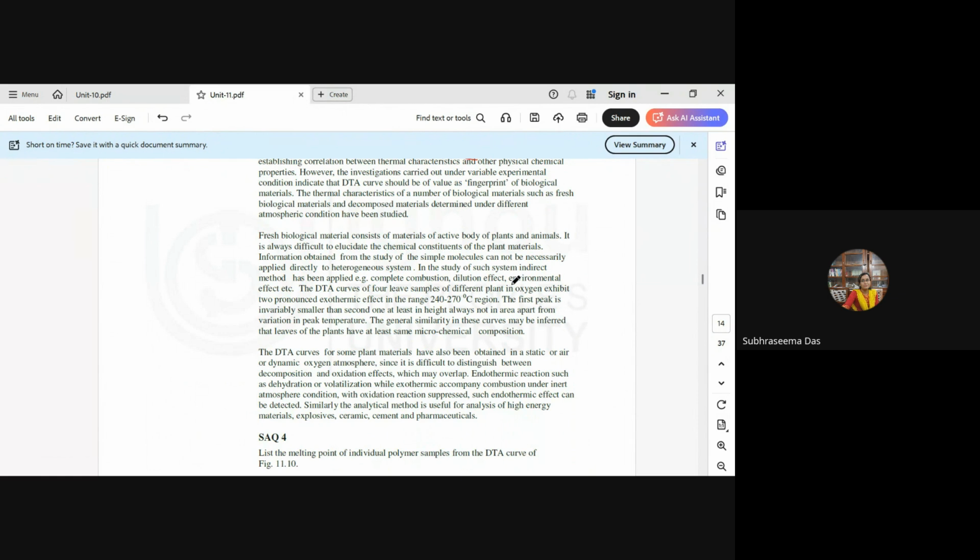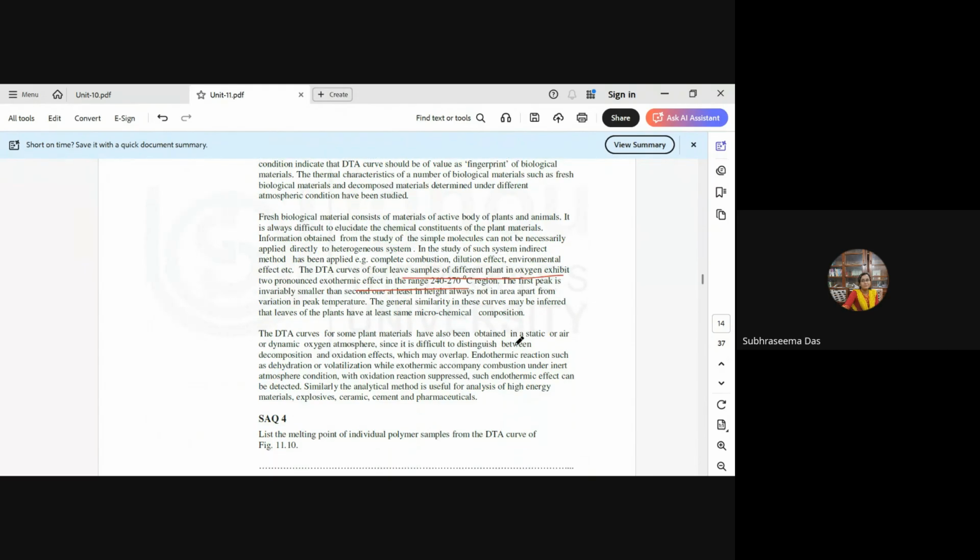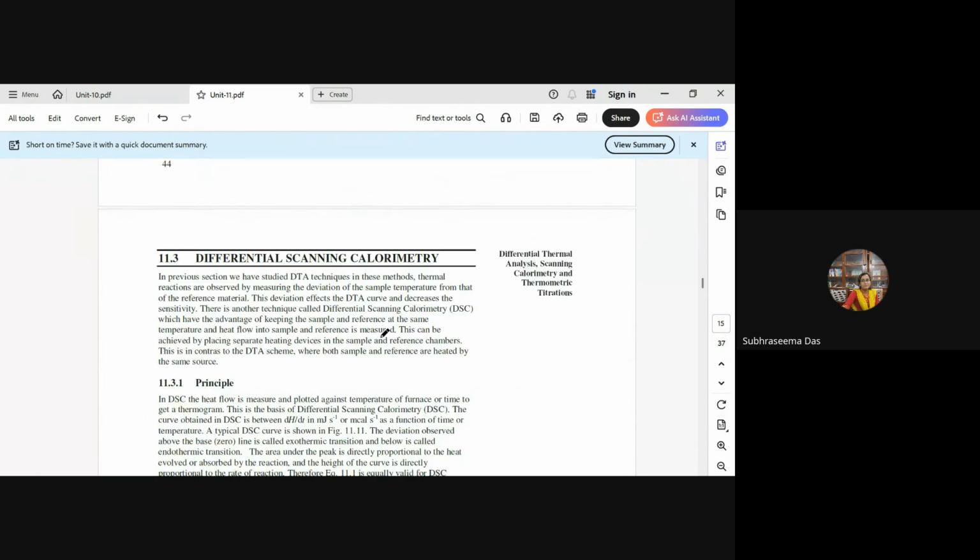DTA curves of 4 leaf samples have been shown. They have found out the amount of oxygen that is taken up by different amounts of leaf samples. Then DTA of plant materials has also been performed to know their decomposition and oxidation effects. Similarly, DTA has also been used for high energy materials, explosives, cements, pharmaceuticals, etc.